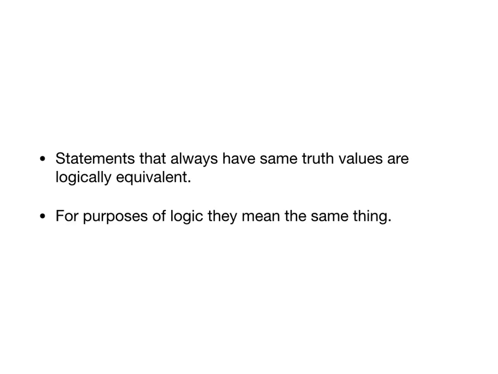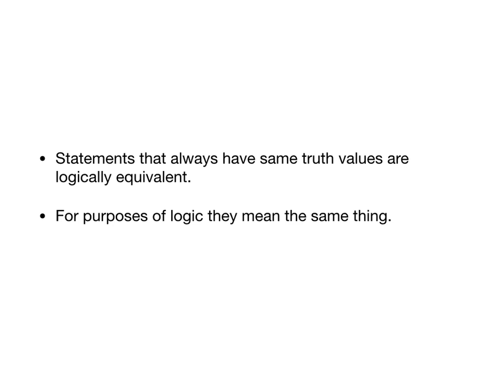Statements like this that always have the same truth values on the truth table are logically equivalent. For the purposes of logic, they mean exactly the same thing, right? Now look, as Smith has already made clear, we might lose a little bit of the information we have in ordinary English when we translate into logic.